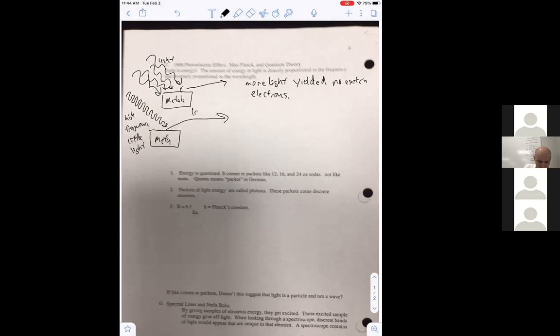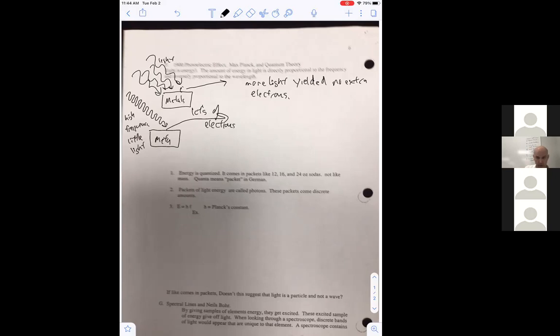And then lots of electrons came off. So he was able to make a very good continuous stream of electrons, a very good electrical current, by changing the frequency of light. But now he had to explain why, how.